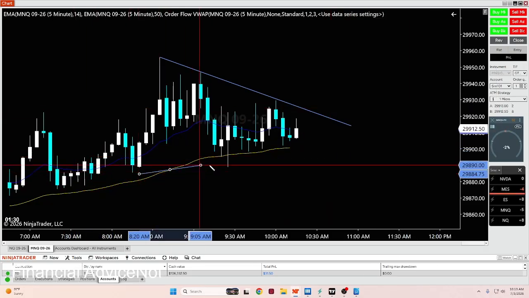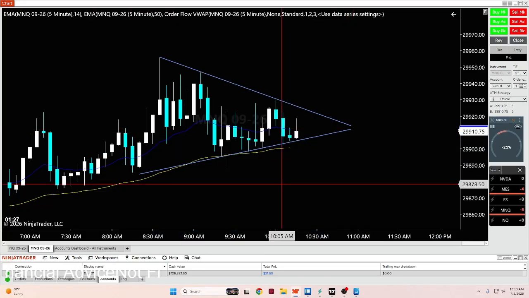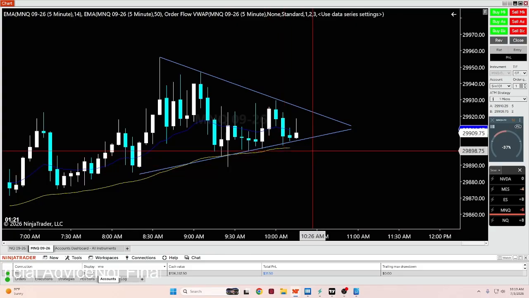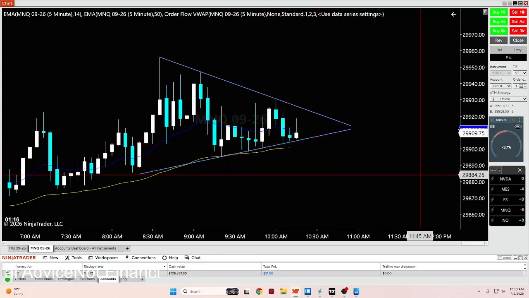You can pop that line right here, I guess. Yeah, you can pop it. It tried to break right here, but the 50 was holding it up. But let's see if we can break this area. We're getting close to that 910 area again.